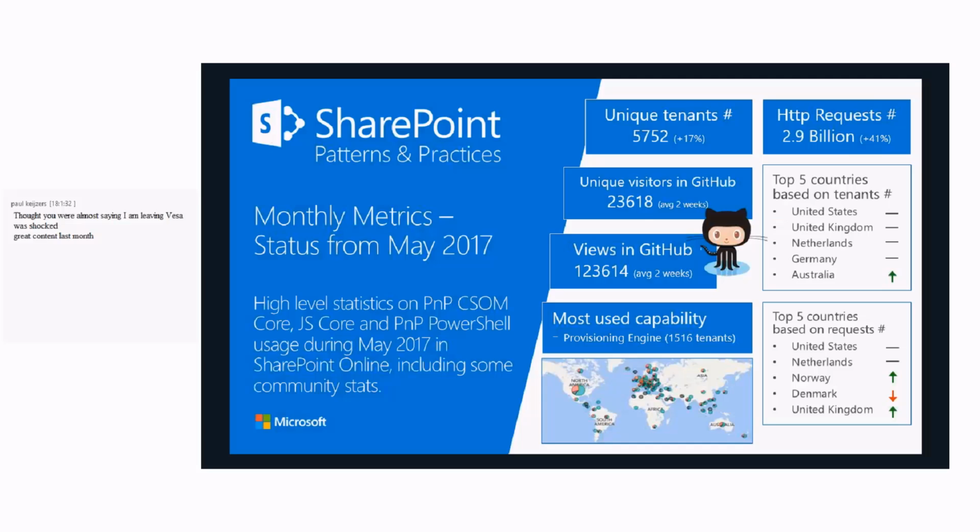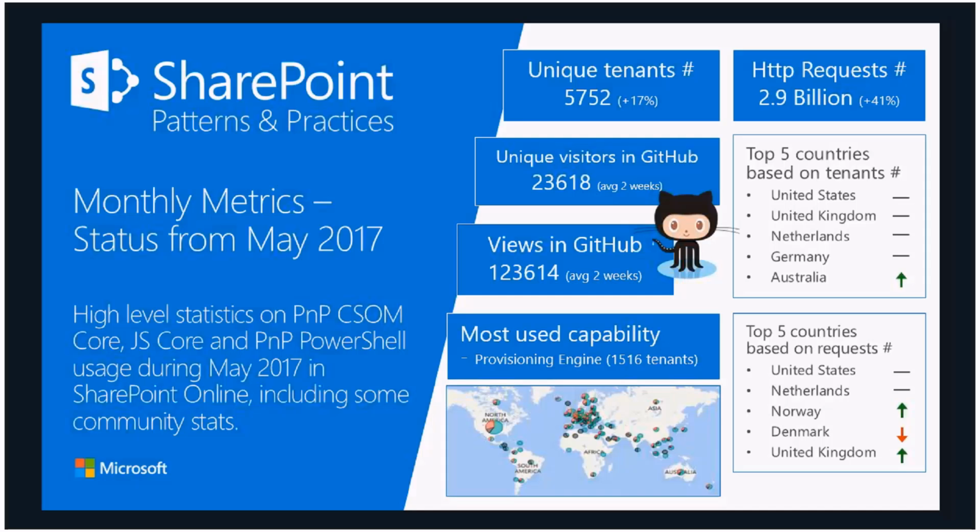There were 2.9 billion, and it is actually billion, not million, HTTP requests going through the PnP components, an increase of 41%. Essentially, it means that the tenants and customers who've been using PnP in the past are using more and more PnP as well.